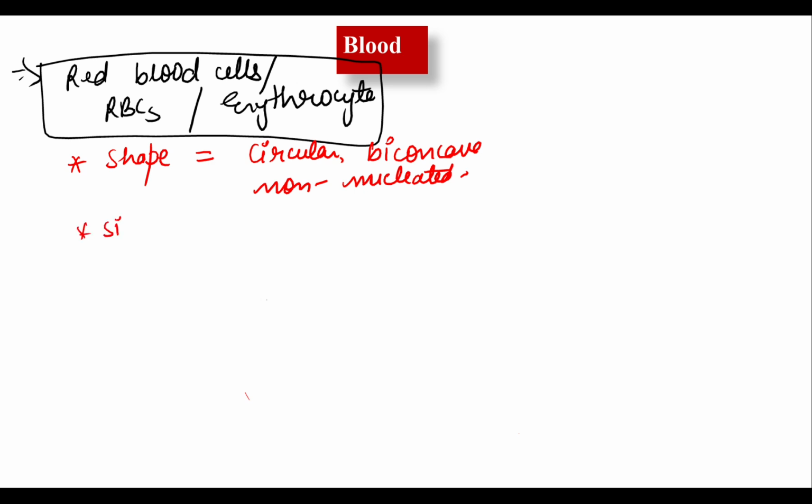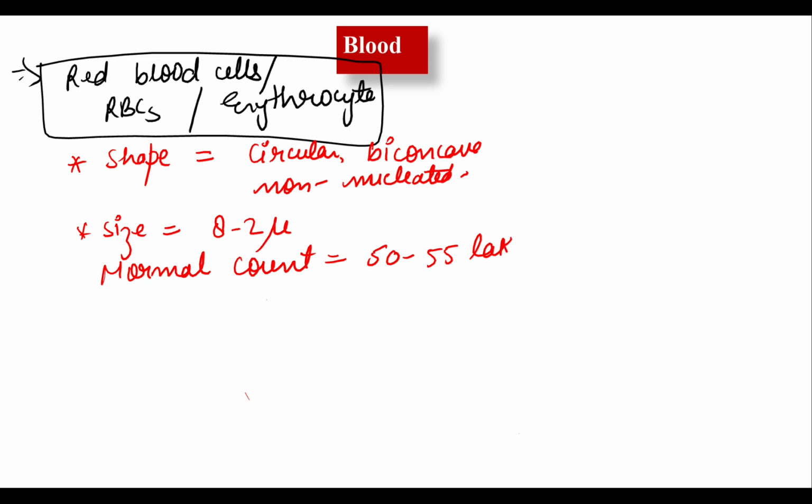And if I'm talking about their size, among WBCs, RBCs and platelets, the size of RBCs is smaller, but their normal count is very high. They are present in very high amount in our blood, that is 50 lakh RBCs per cubic millimeter of blood.